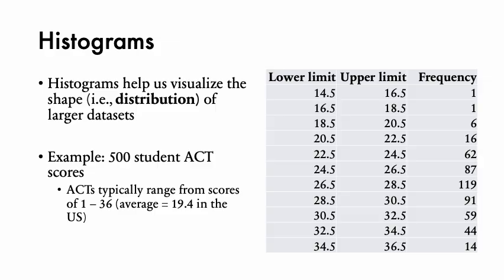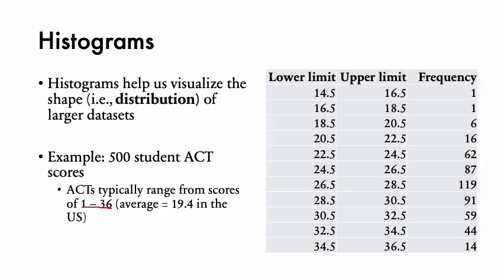So here we can see we've got students' ACT scores. Just as a little extra information, ACT scores vary from about 1 to 36, with the average score for an ACT being 19.4 in the US. And so here we've got some ACT data, 500 students' ACT scores.